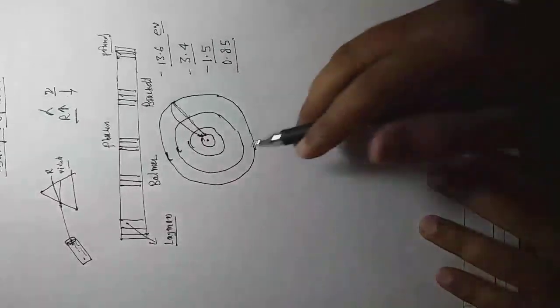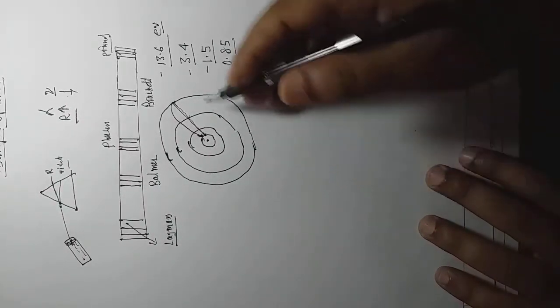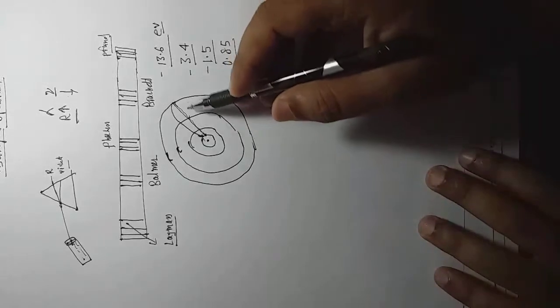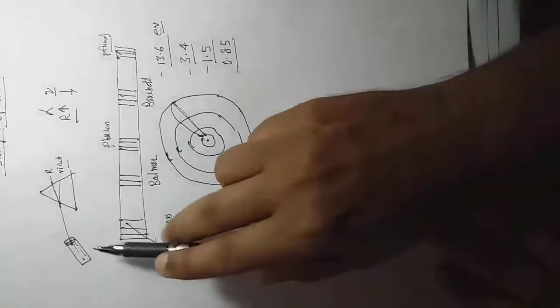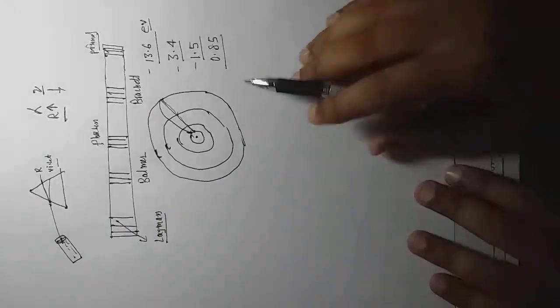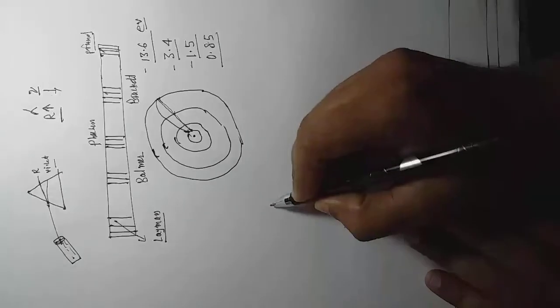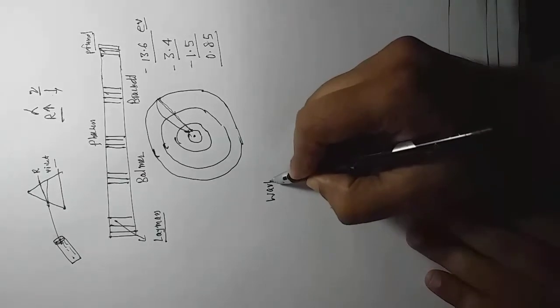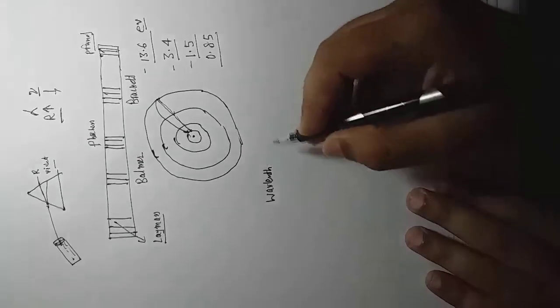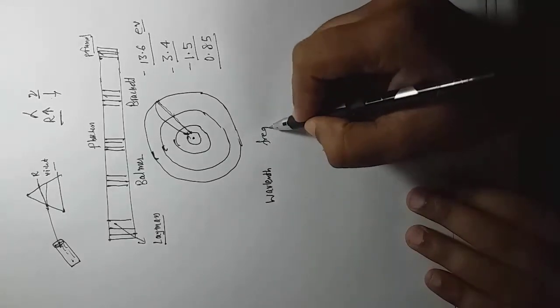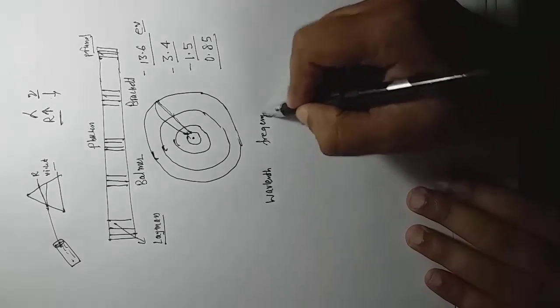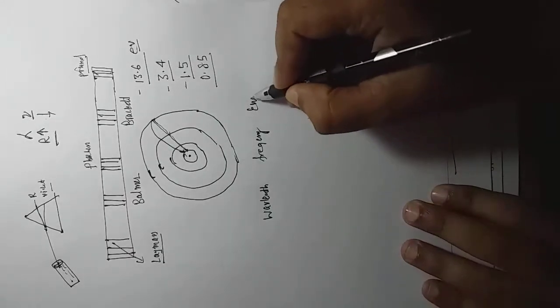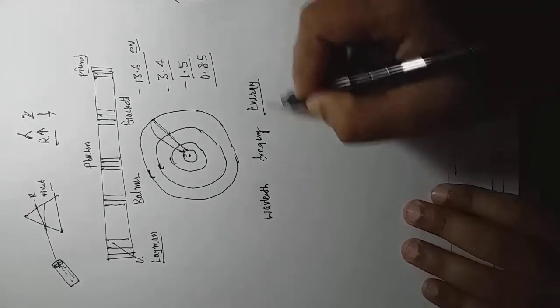Either it gains some energy or loses energy by which it exchanges the position of orbit, right? So we are looking at it in terms of wavelength. It gives an idea of frequency, then it gives an idea of energy, right?